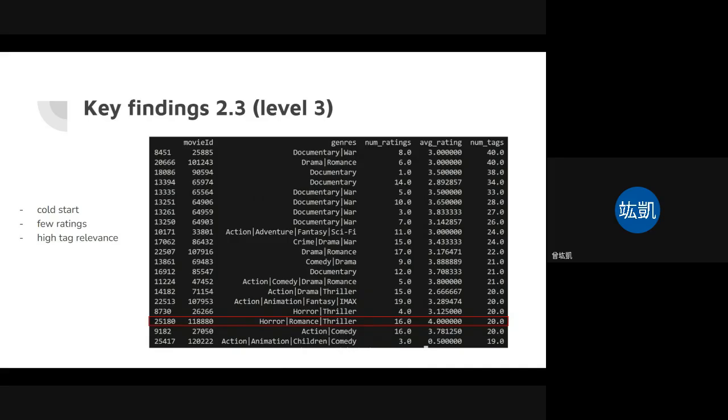So here are the 20 movies, and we think that this one, movie ID EE11AAA, may have better future success because its rating is high, its number of tags is high, and its number of ratings is relatively higher.